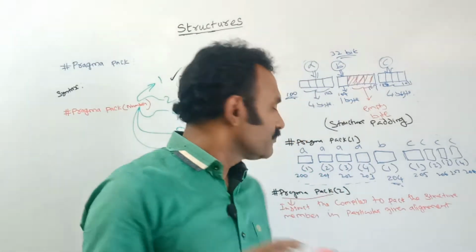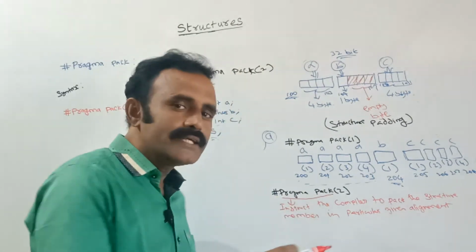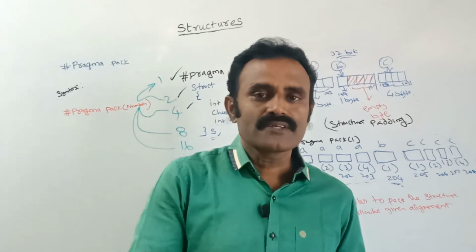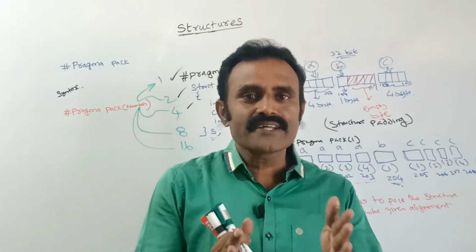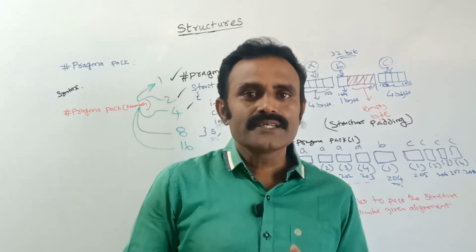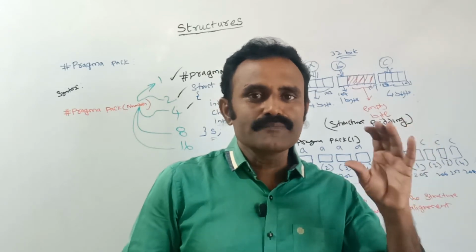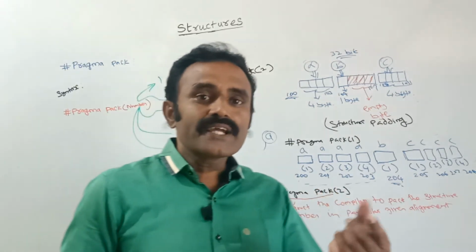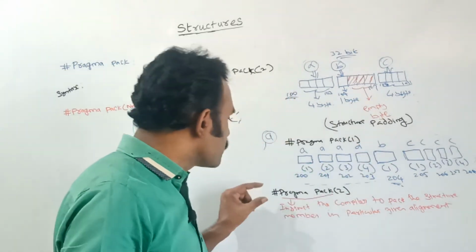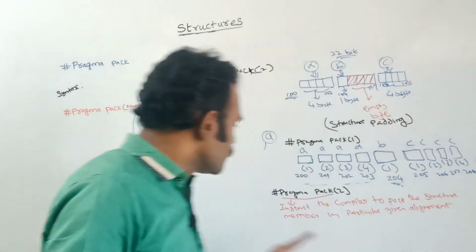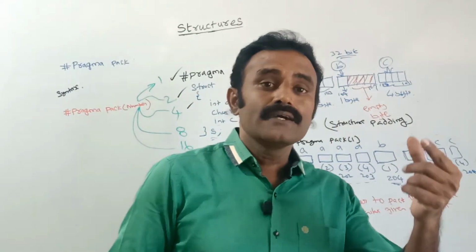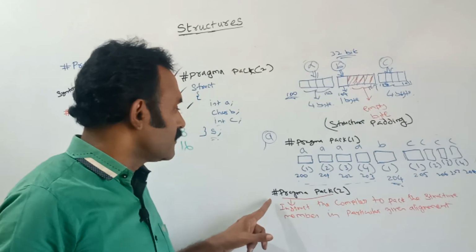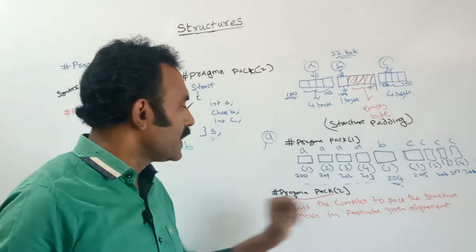Already you know this pragma is the preprocessor directive. Already you have studied the preprocessor directive. When will this preprocessor directive execute? See, the very first phase is the preprocessor directive. So in this phase, before the compilation part, this preprocessor part will work. So before the compiling process, by the preprocessor directive I am telling it to align to pack 2.